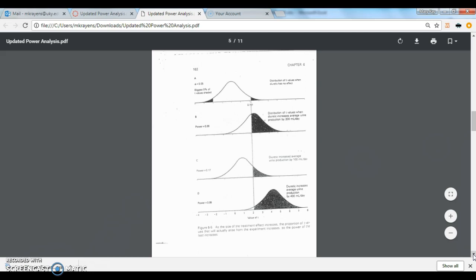The other two graphs at the bottom of this page, the original comparison is a 200 ml increase of the active drug.